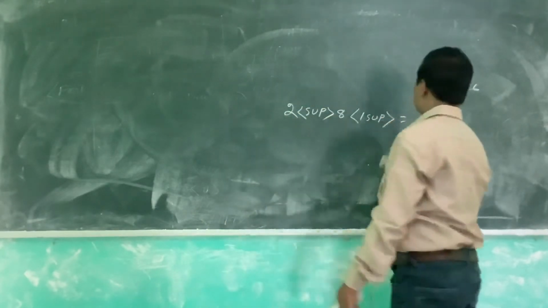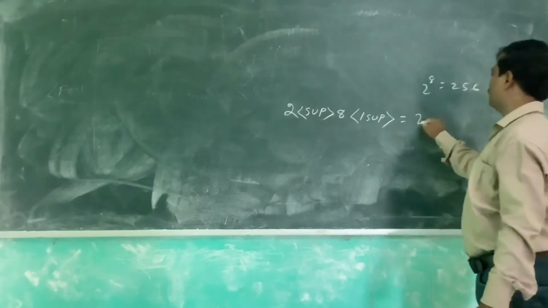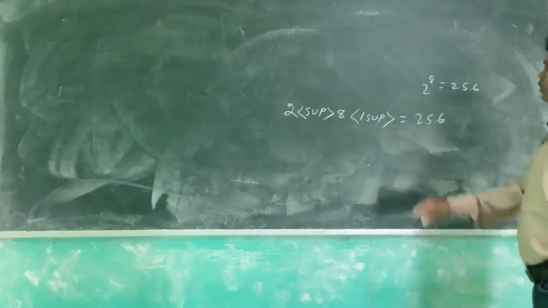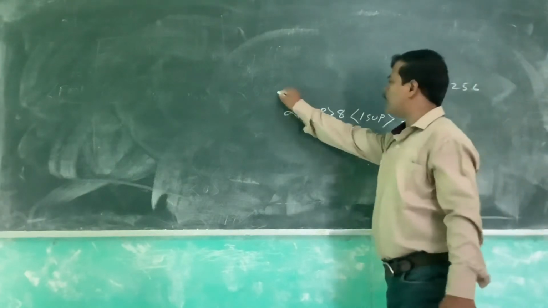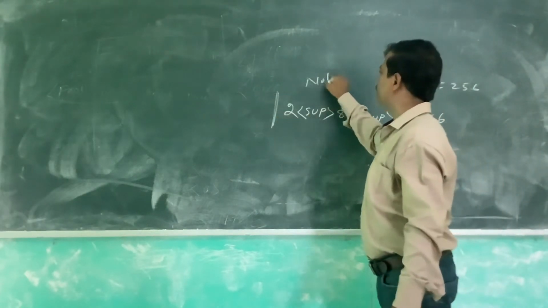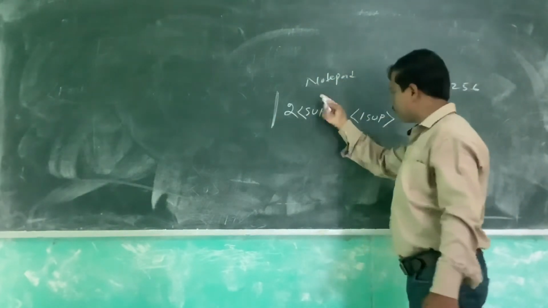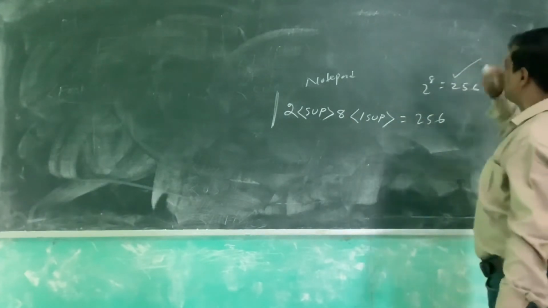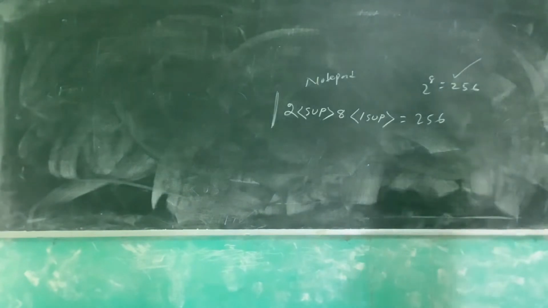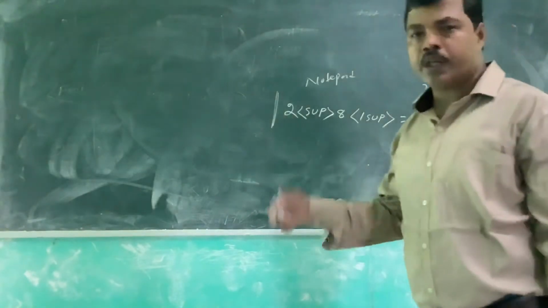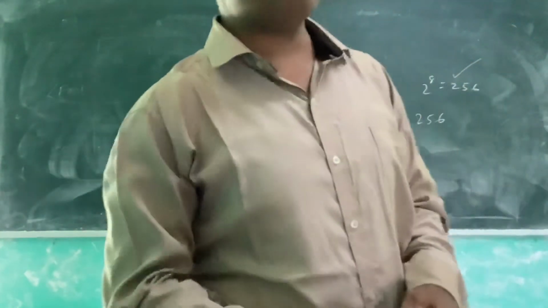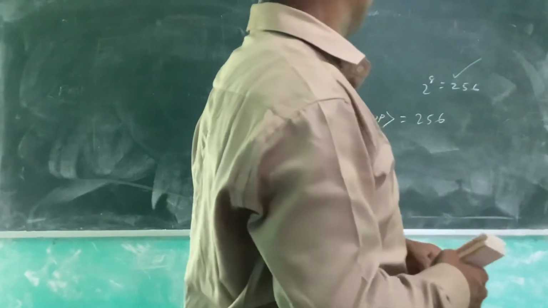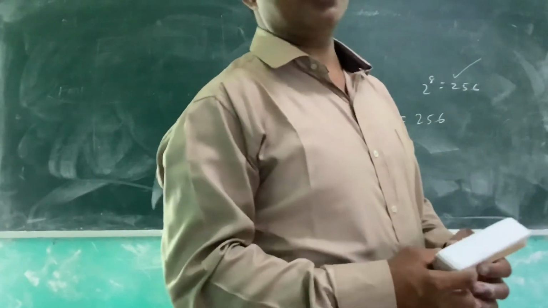Then type the equal symbol, then 256. This has to be typed in a notepad window, and when you run it in your browser window, you will see the output like this. In this way, by using the SUP and /SUP tags, a paired tag, you can write the superscripted value.